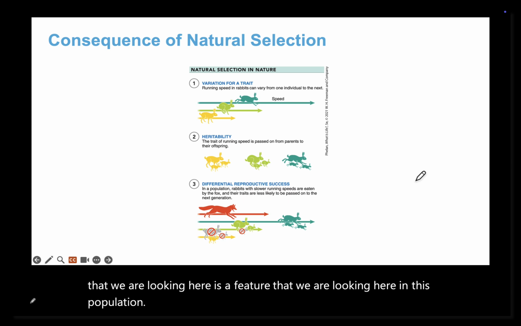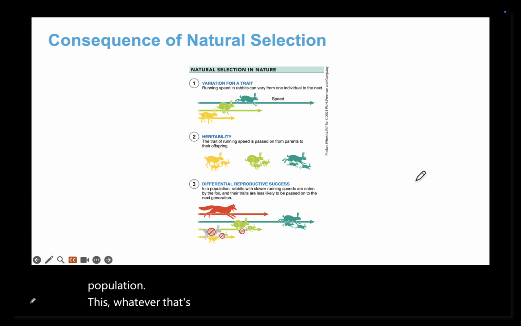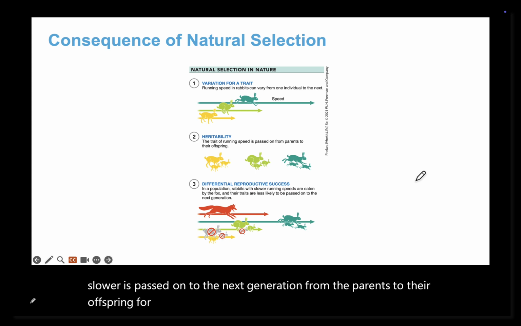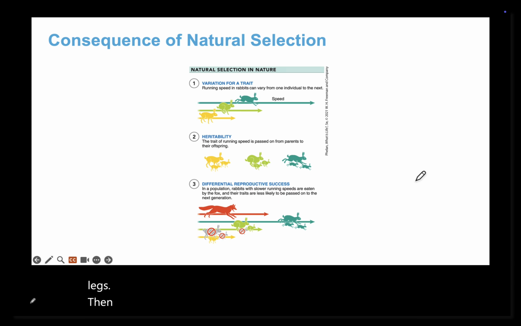Whatever is causing these animals to be running faster or slower is passed on to the next generation, from the parents to their offspring. For instance, if it is more muscle or less muscle in their legs, then there is a gene that codes for more protein or less protein in their legs.